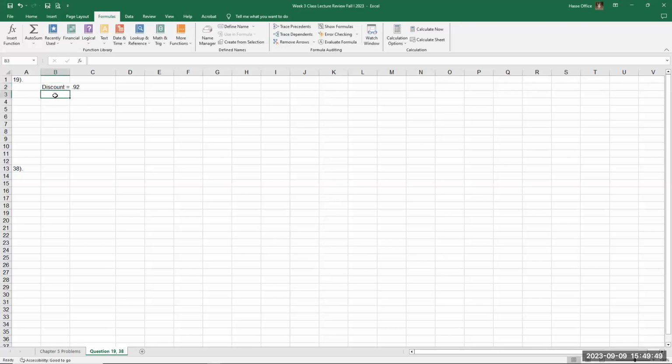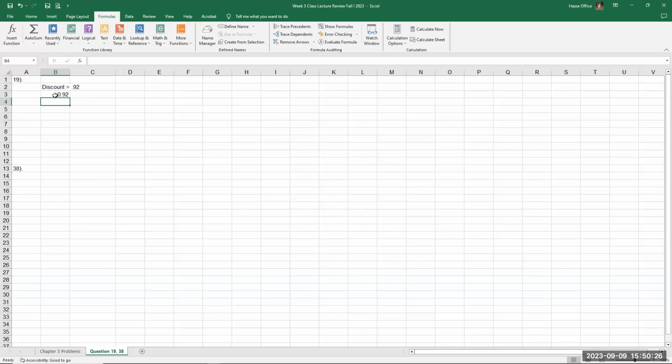If I have $1 and I multiply it times 0.92, I get 0.92. In other words, the present value of a discount of 8% over 2 periods is 92. So a dollar goes from $1 to 92 cents over 8 years.